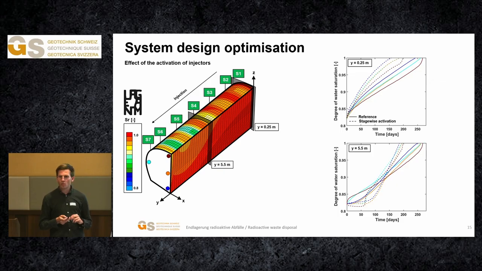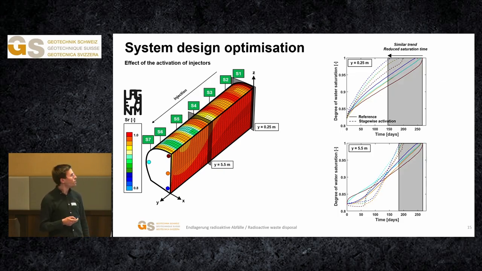If we take a closer look at specific sections, we still have more or less the same trend in the resaturation process, except that the stage-wise activation of the injectors reduces the resaturation times and also leads to a more uniform resaturation of the backfill.